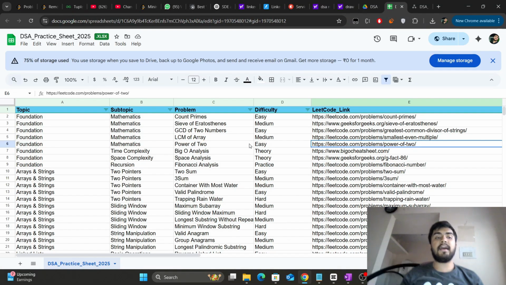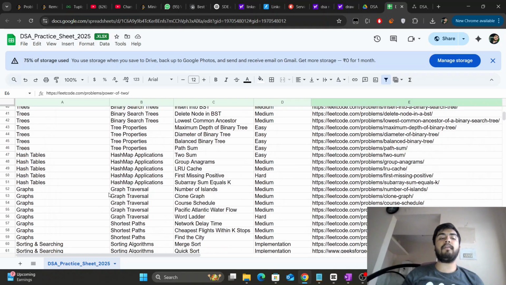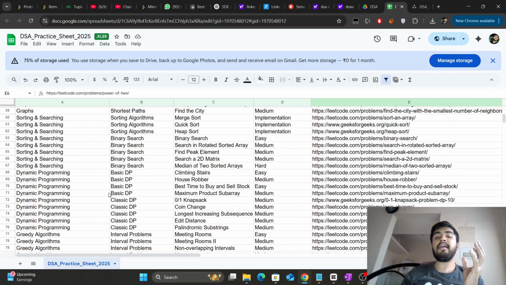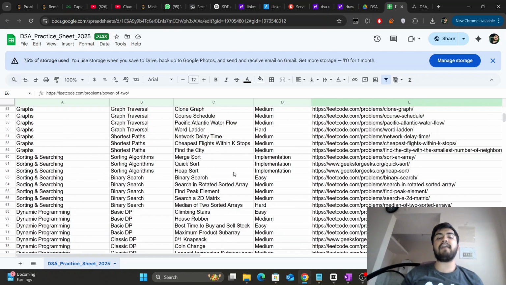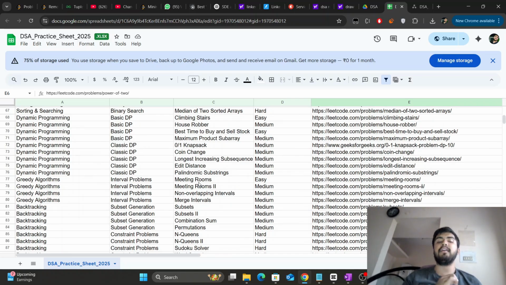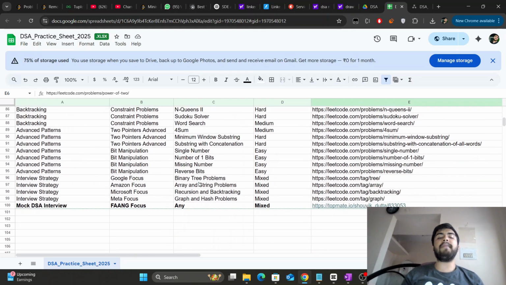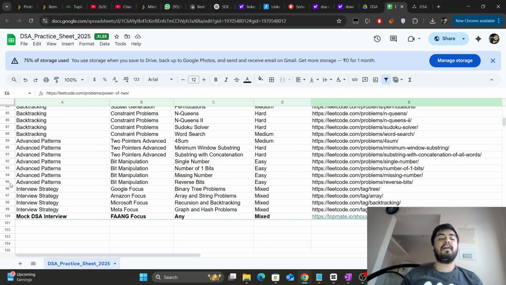On this sheet I have captured all the problems on the topics that we have discussed. See here, we have quick sort, heap sort. From an interview perspective, any particular problem that you are going to face for sure in an interview, I will try to make very precise and concise. There is also an interview strategy section, which you can ignore for now on the very first go, because those are company-specific targets that I have built in.